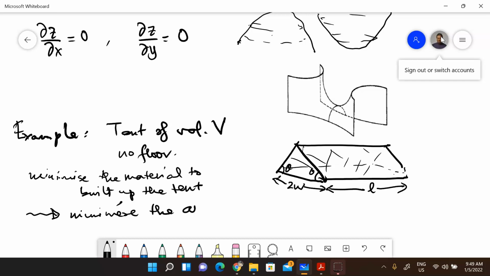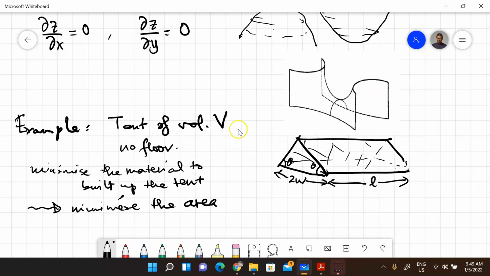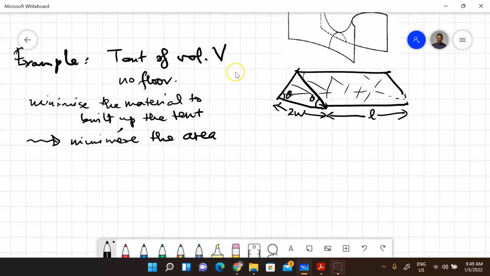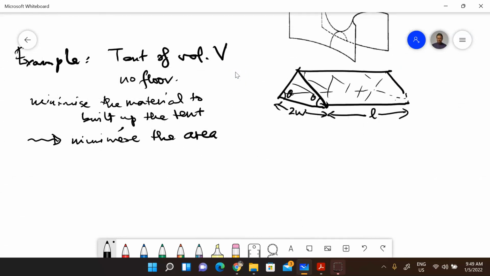I'm running out of time now. So let's just write down the expression of the area and the volume. So let's do the volume first. Okay. The volume V is given by what?